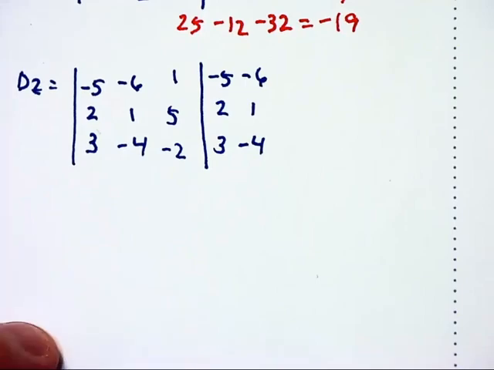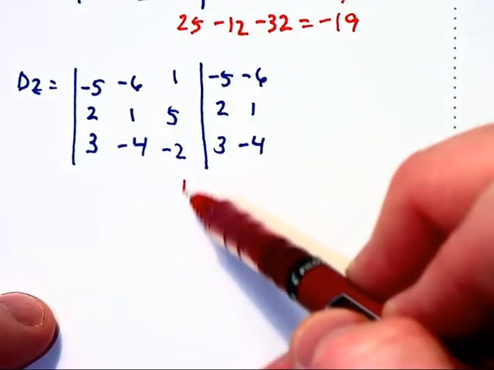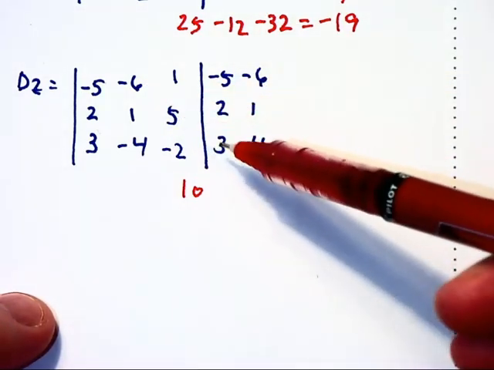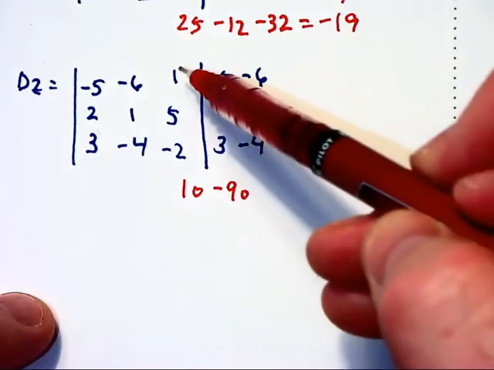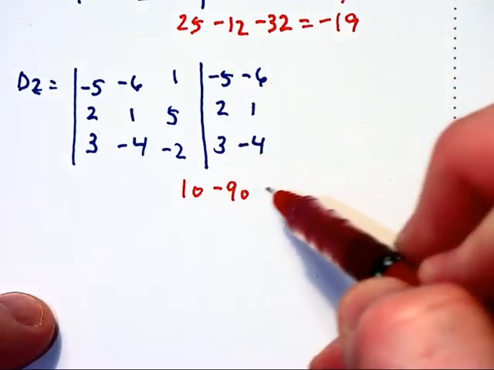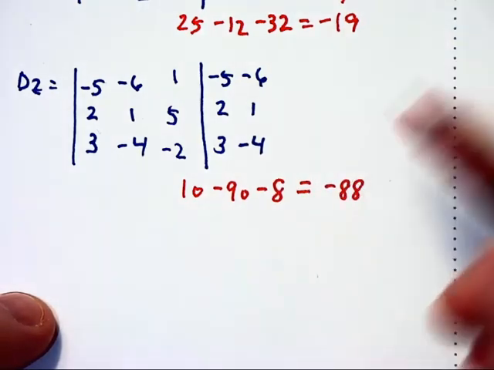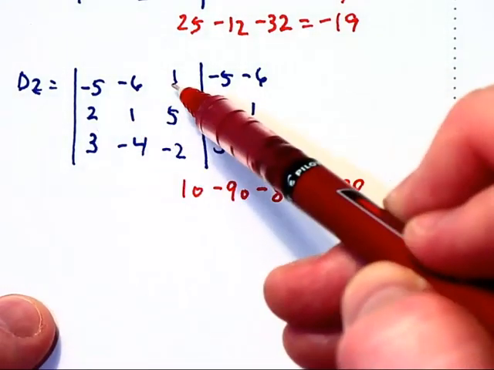Finally, for dz, here we go. Negative 5 times 1 times negative 2 is 10. Second diagonal, negative 6 times 5 is negative 30 times 3 makes negative 90. And the third diagonal, 1 times 2 times negative 4 makes negative 8. And so we have negative 88 when adding across the bottom there. Multiplying upward, 3 times 1 is 3.